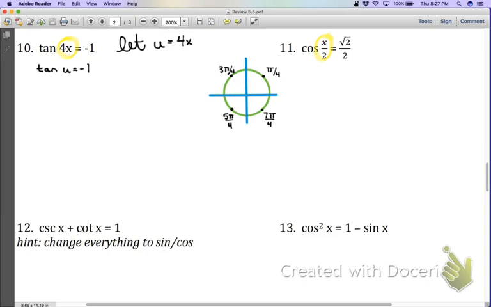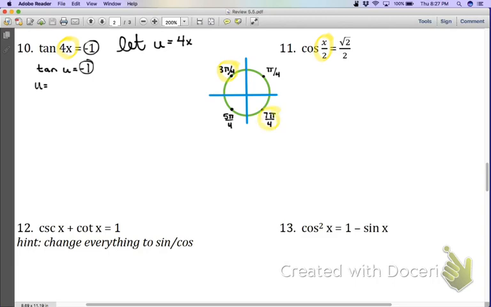Now, the big kicker here is that they have to be different signs because it's negative 1. So for my two answers, they've got to be different. So when is tangent negative? Well, it's positive at pi over 4 and 5 pi over 4, so it's negative at 3 pi over 4 and 7 pi over 4.